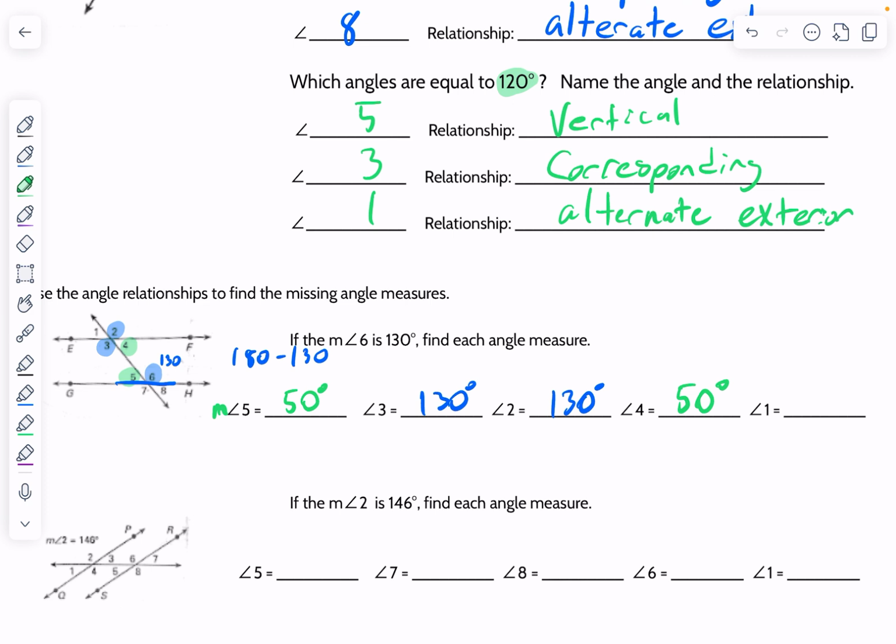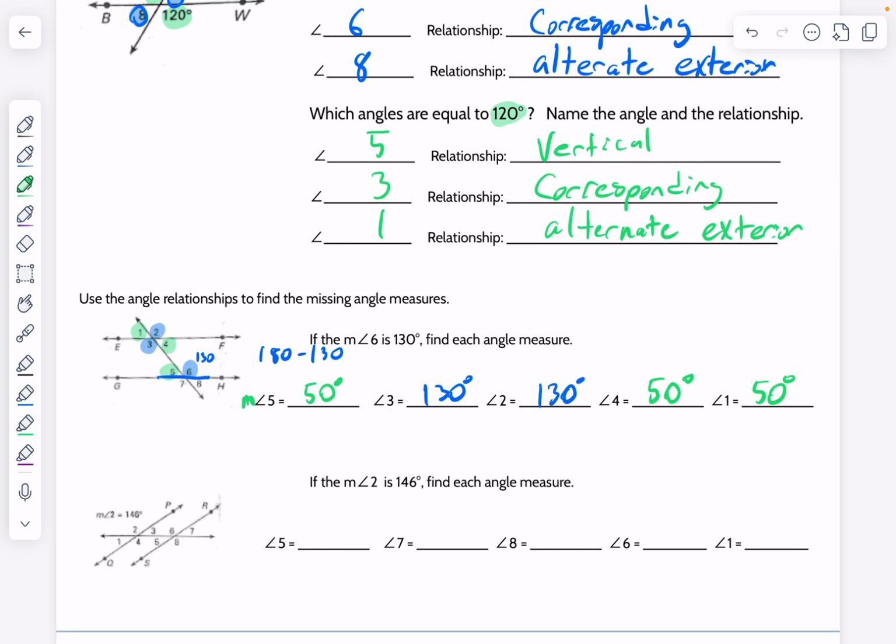We also could have said that angle 2 plus angle 4 is 180 and subtract, or angle 3 plus angle 4 equals 180 and subtract. Last, it asks for the measure of angle 1. The measure of angle 1 is vertical to the measure of angle 4, which means they're equal, and it's 50 degrees.